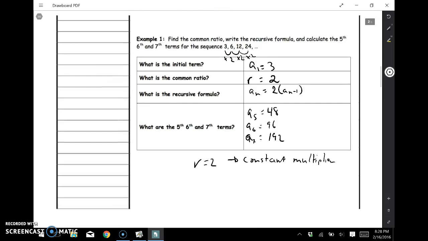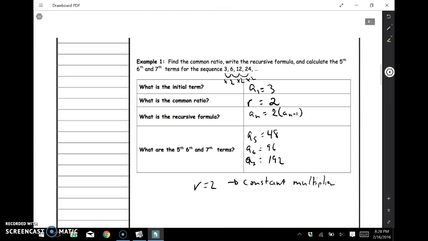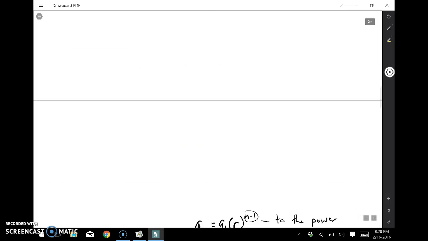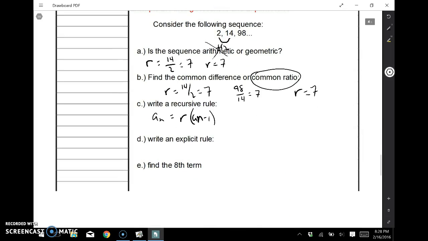There it is. There's my recursive. So I just take this 7 and go, a sub n is equal to 7 times a sub n minus 1. Basically, I'm telling someone to take the previous term and multiply by 7 to get the next one. So this one helps me find the next term.